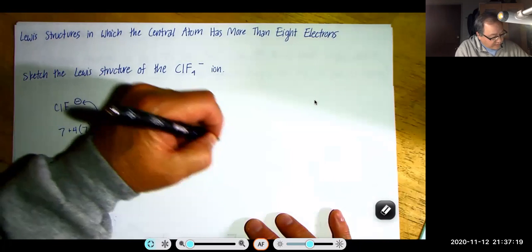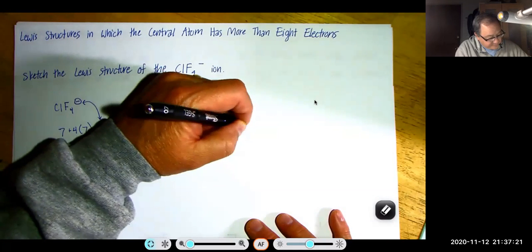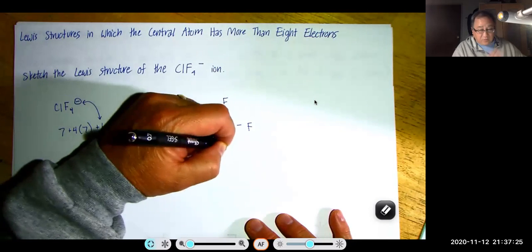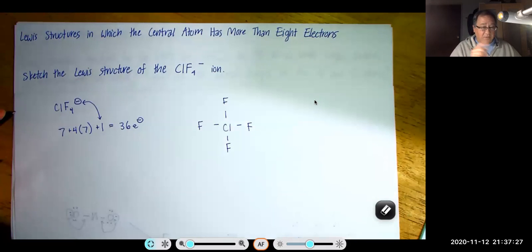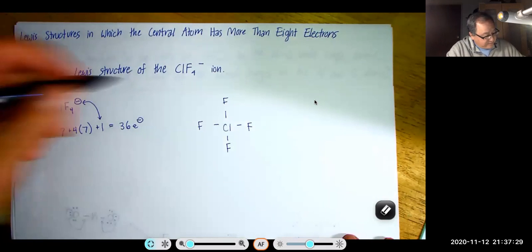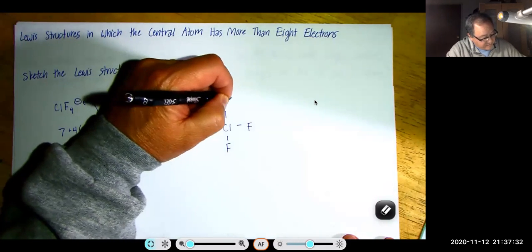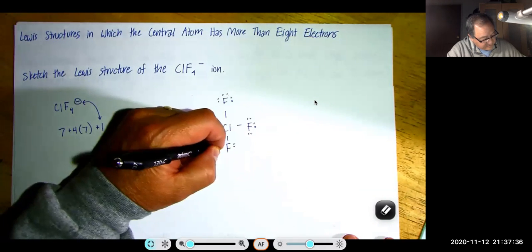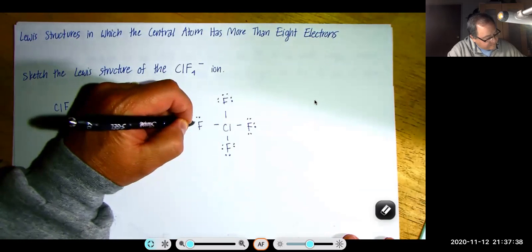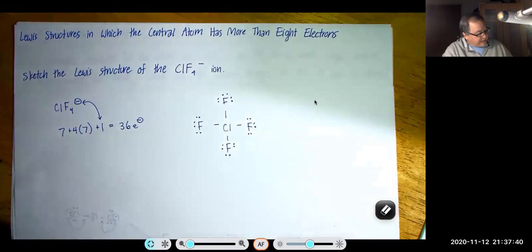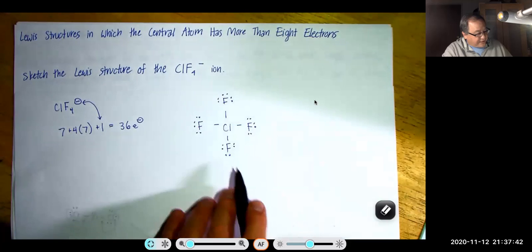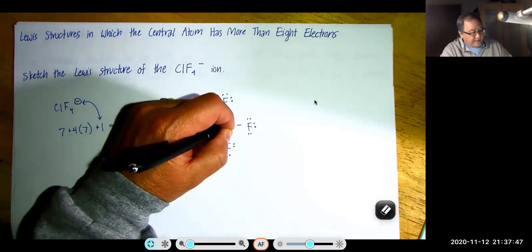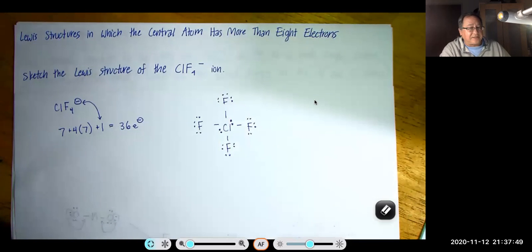So we're going to put chlorine in the middle, because fluorine only makes 1 bond, but chlorine can make 1, 3, or 5. So there we go. And that is 32 electrons. And that would be 36 electrons.